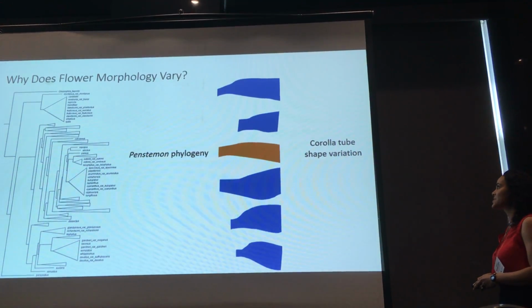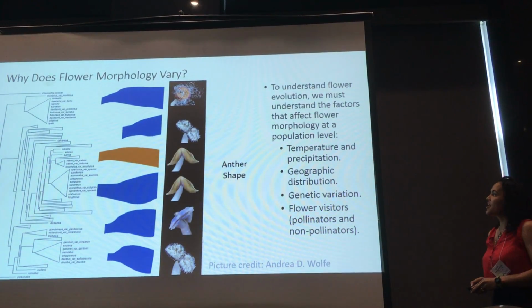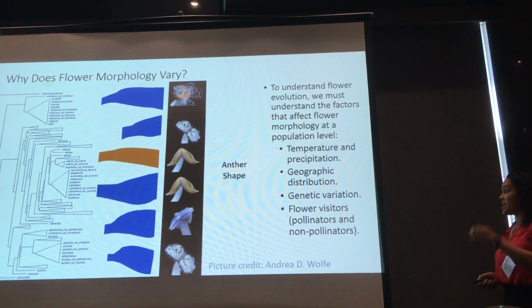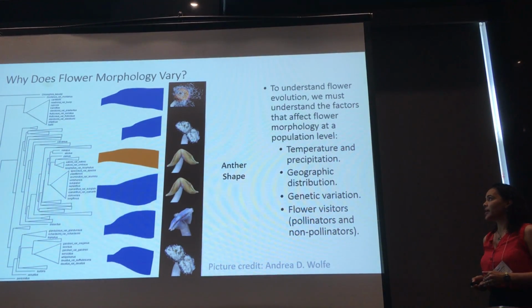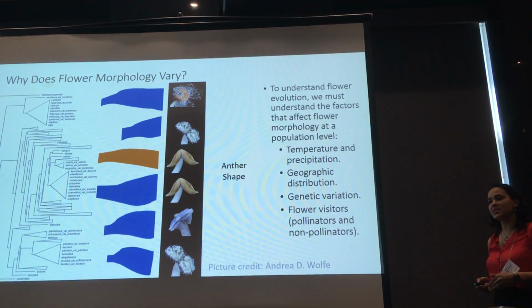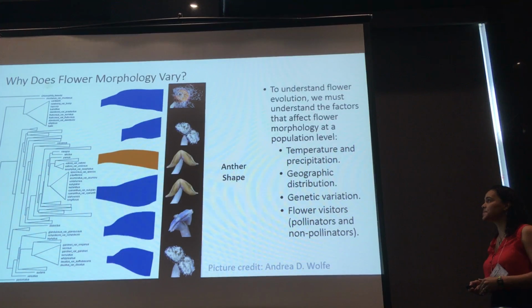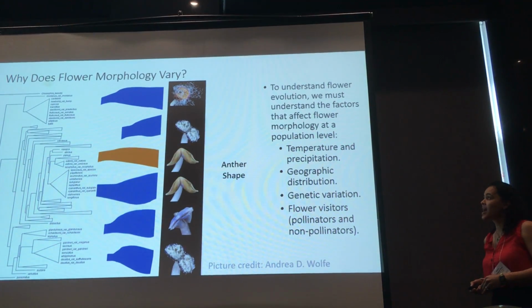However, there is also great morphological differentiation between species that are pollinated by the same group of pollinators, like insects. Penstemon also vary in their anther shape. Here we have 6 distinct anther morphologies, and originally the genus Penstemon was subdivided into 6 subgenera based on this anther morphology.